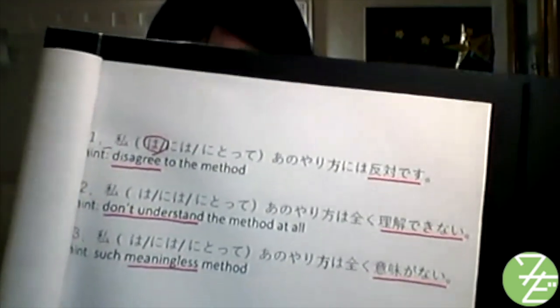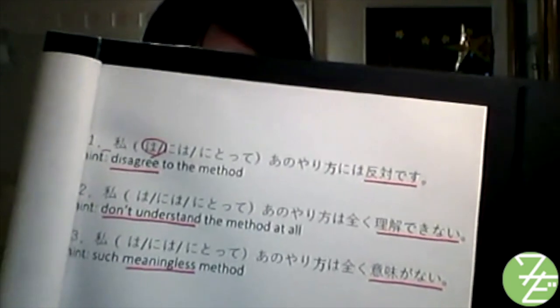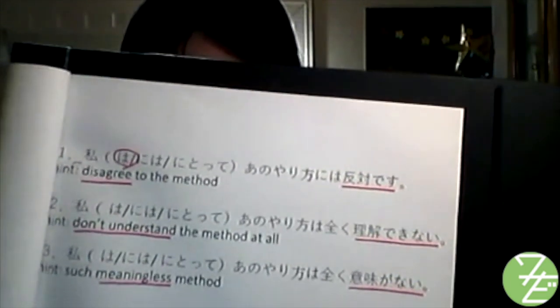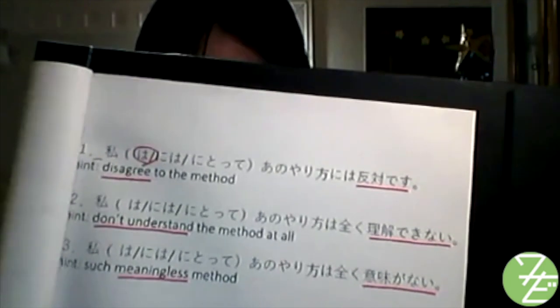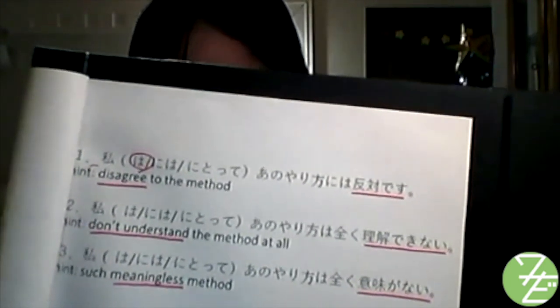Because there is には already in a sentence, it's most natural to avoid repetition and choose は, to mean compared to others who might agree with the method, I disagree.